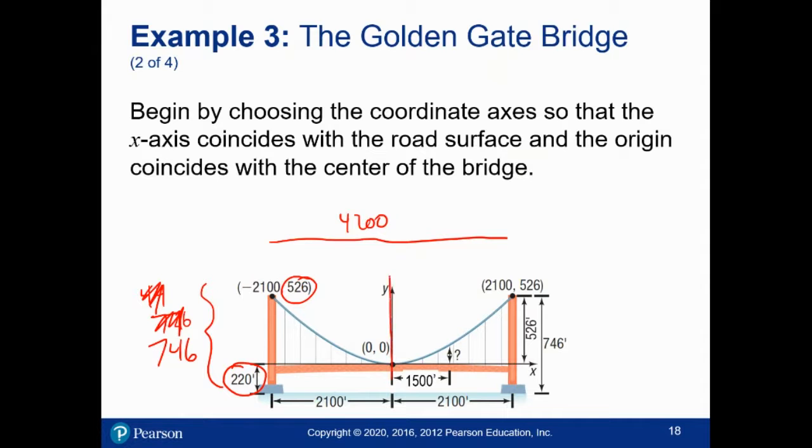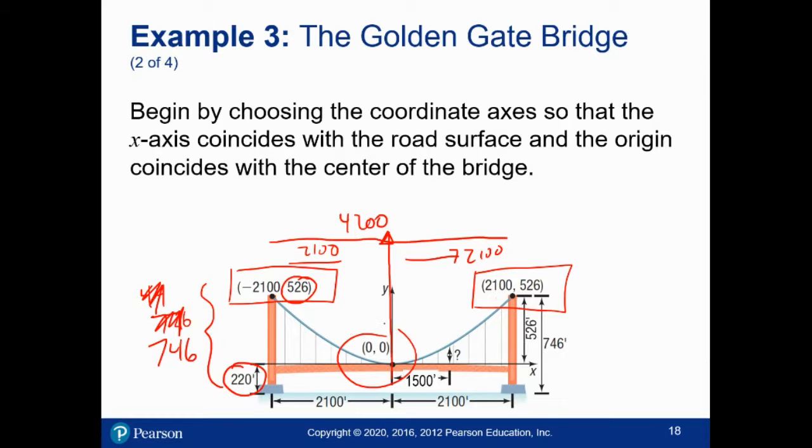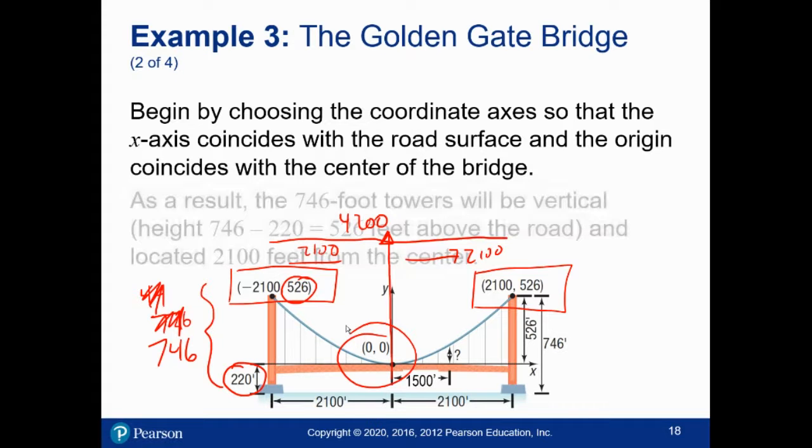So since this is exactly the vertex, it's exactly symmetric across both sides, we're going to get 2,100 feet this way and 2,100 feet this way. So we can label these 2 points as plus or minus 2,100, comma, 526. And we know that we've labeled the vertex to be the origin. Okay, so now we have a parabola where we know the vertex and we know one other point, and therefore we can find an equation for this parabola.